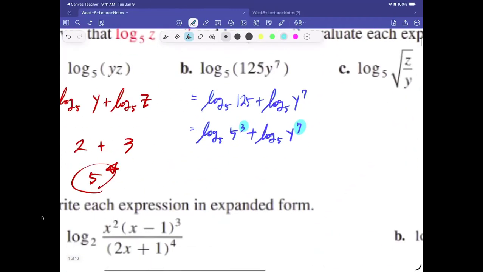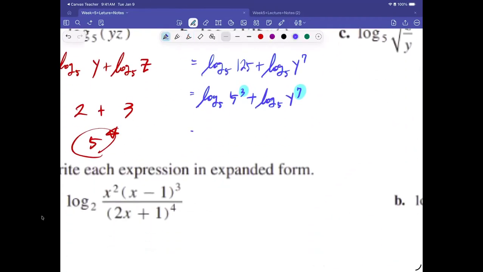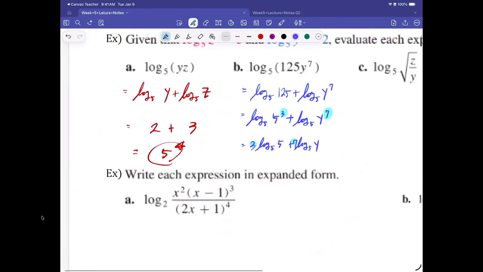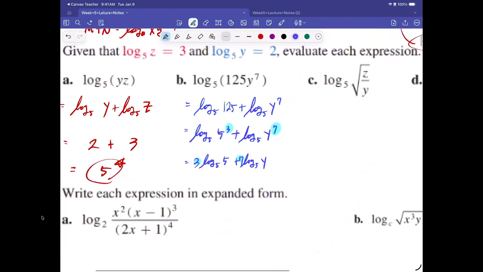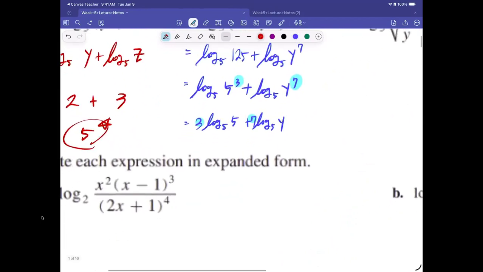So that's why it's 3 times log base 5 of 5, plus 7 times log base 5 of y. Now 3 and 7 are in the front. What is the value of log base 5 of 5? It is 1, isn't it?